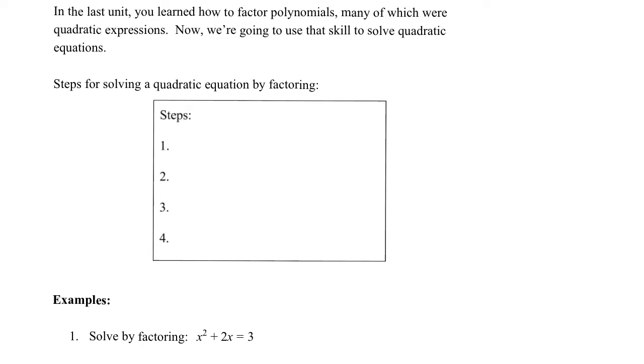All right, so for example, if you just look down here, here's an equation, and we want to try to find the values of x that make this equation true. So here's how we're going to do this. There's going to be 4 steps. Step number 1 is we are going to get the equation into standard form.